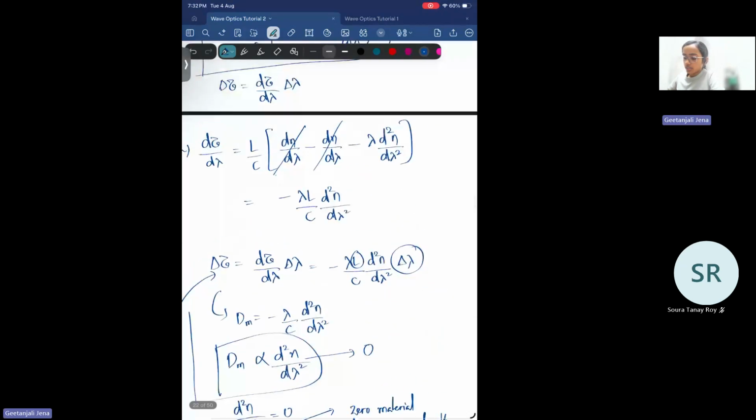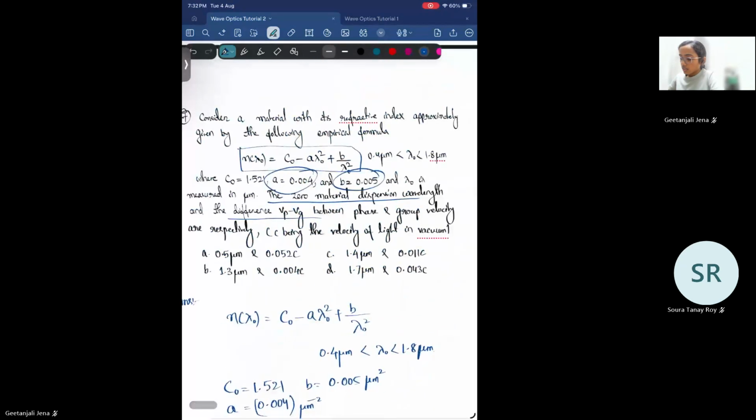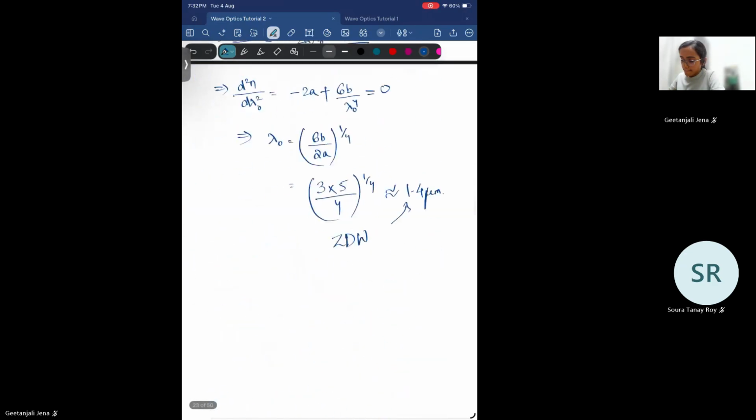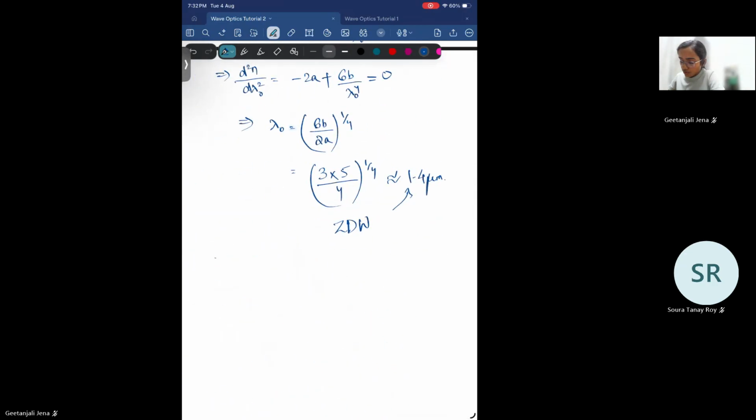In the next part, it was asking what is the phase and group velocity at this zero dispersion wavelength. So let us see. For phase velocity, we can follow the definition. So we have C by n of lambda 0, which is C by C0 minus A lambda 0 square plus B by lambda 0 square.